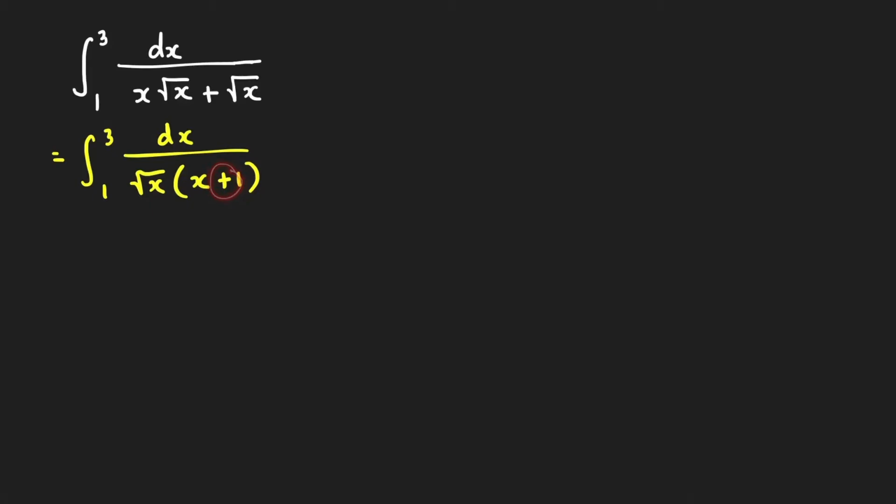So to evaluate this integral, we may try to use the formula for tangent inverse, which is the integral of du over 1 plus u squared, because this part can be written in that form, 1 plus u squared, where u is equal to square root of x. So this is just equal to tangent inverse u plus c.